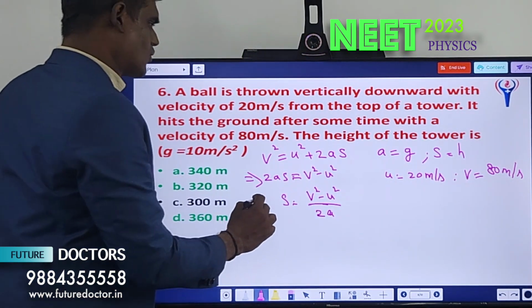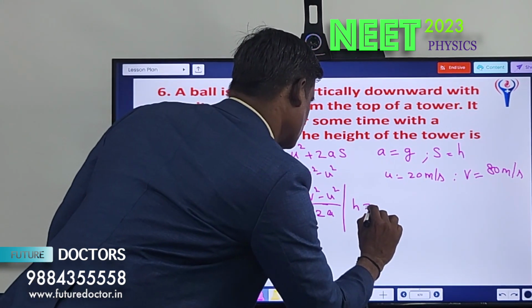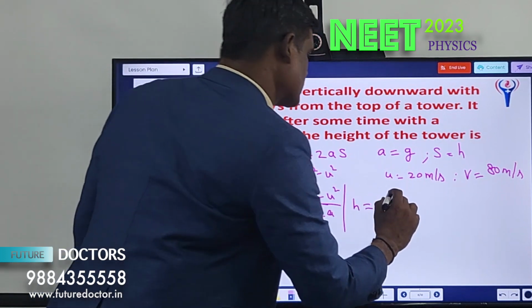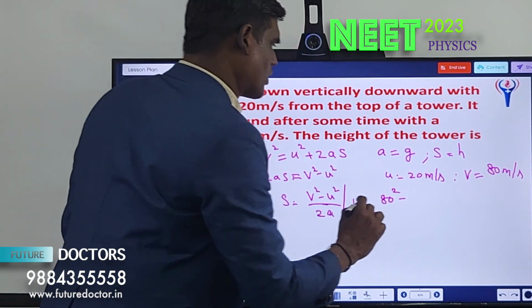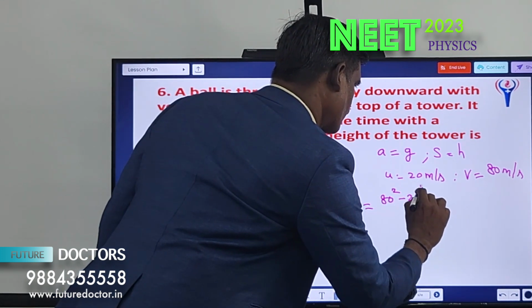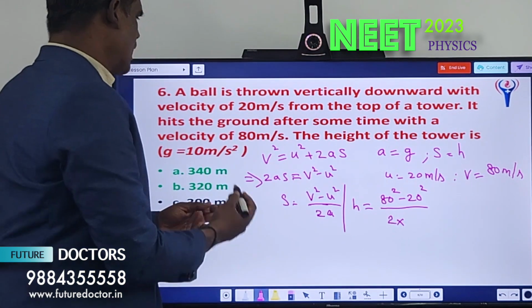With s equal to H and a equal to g, H equal to (80 square minus 20 square) divided by 2 into g.